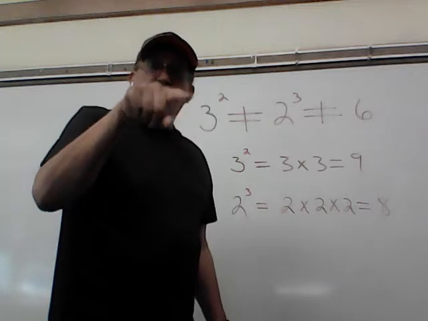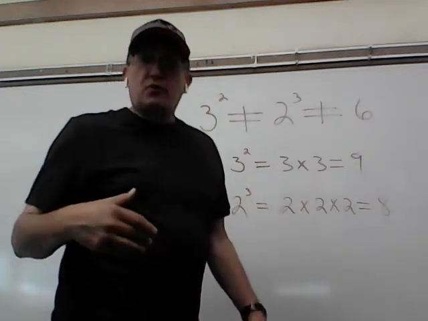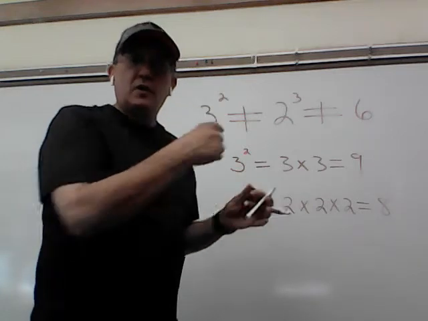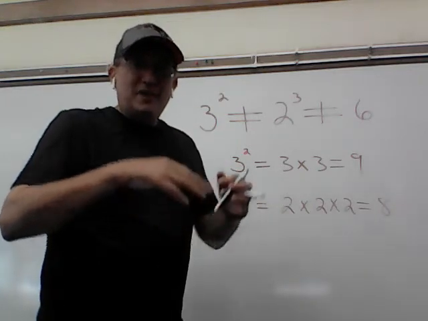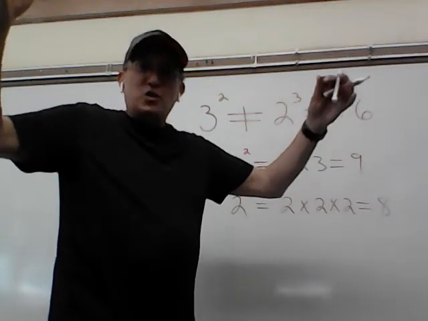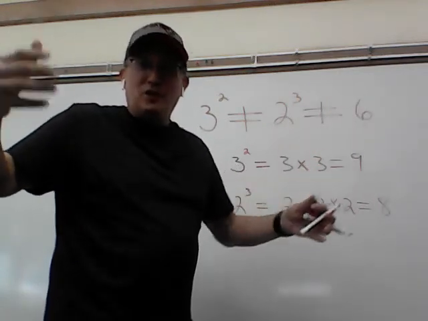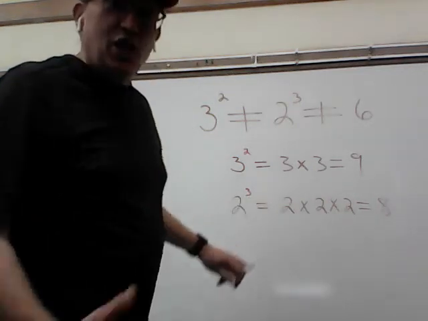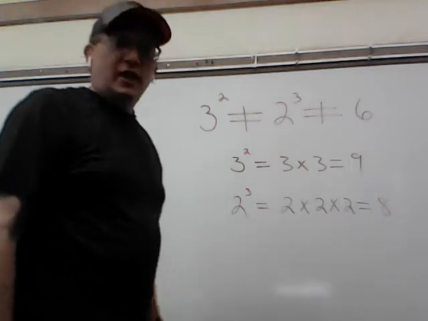And by the way, the exponent of 2 and the exponent of 3 are the only 2 that have these alternative names, squared and cubed, because our everyday experience of life in the universe is 3-dimensional. There's no 4th spatial dimension, so that's why we stop at cubed as far as the special name.